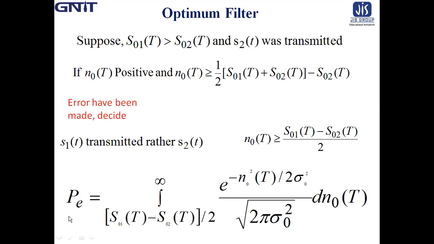Hence, the probability of error is represented by Pe, where the limit of the integral is [S01(T) minus S02(T)] by 2 to infinity, and it is the noise density function e to the power minus n0 square by 2 sigma0 square, divided by root over 2 pi sigma0 square, dn0.